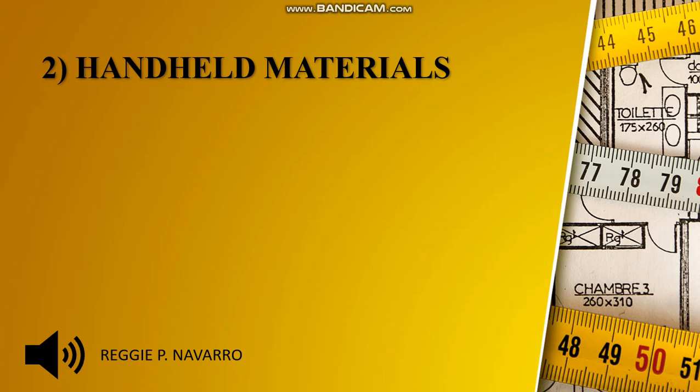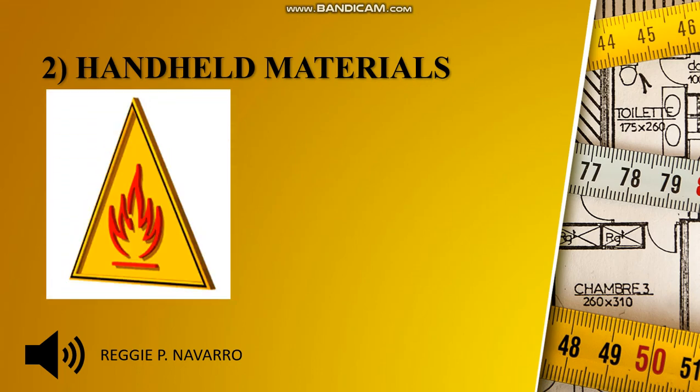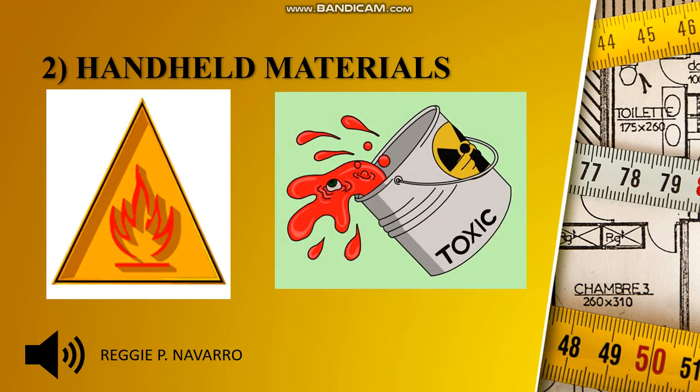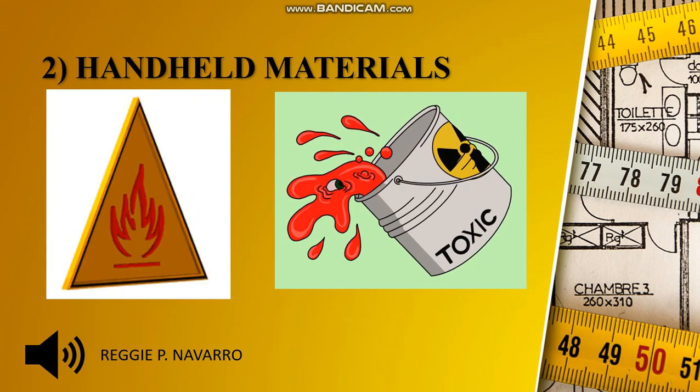The next type or cause of this hazard is handheld materials. Handheld materials are flammable and toxic, and this could lead to hazards because of the devastating effects of exposure, such as chemical burns.